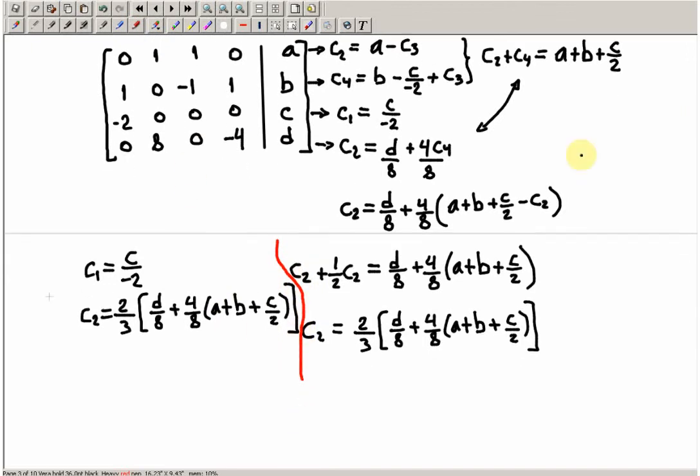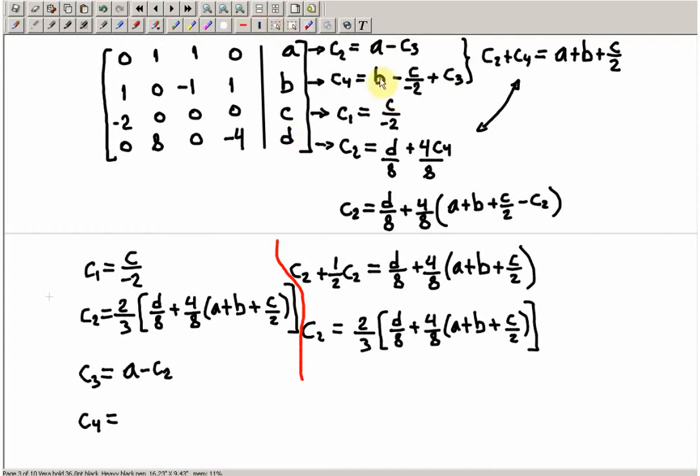How about C3? Well, if you look at this equation here, C3 is really A minus C2. So here we can find C1, here we find C2, and then once we find C2, C3 will be A minus whatever we found here. And then C4 is found by this equation right in here.